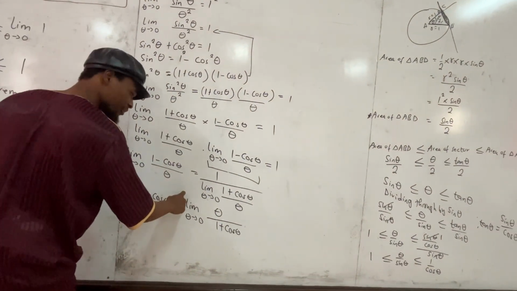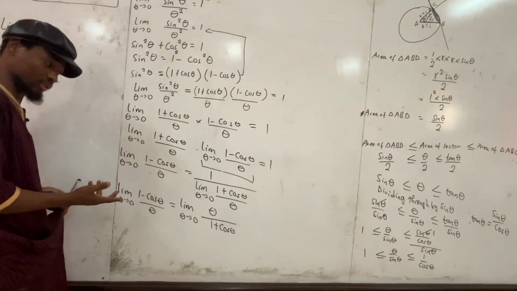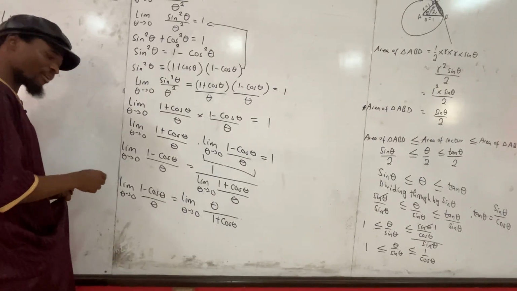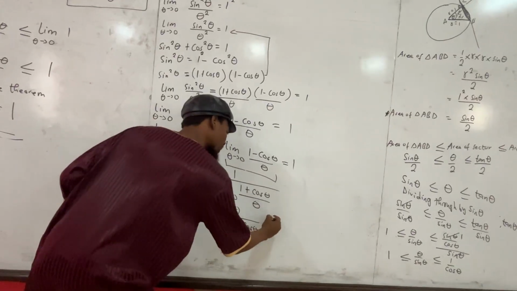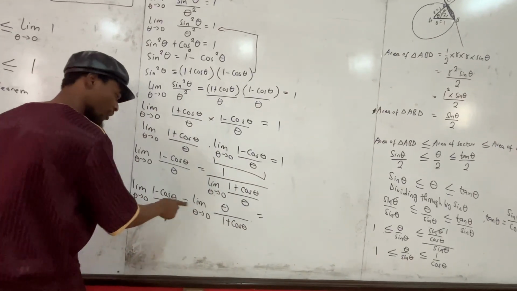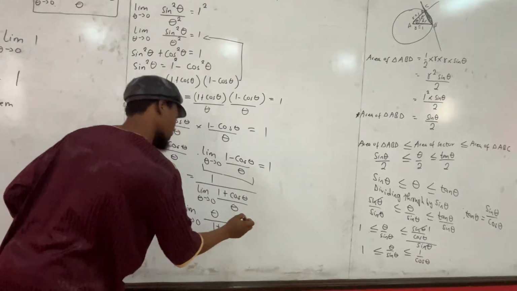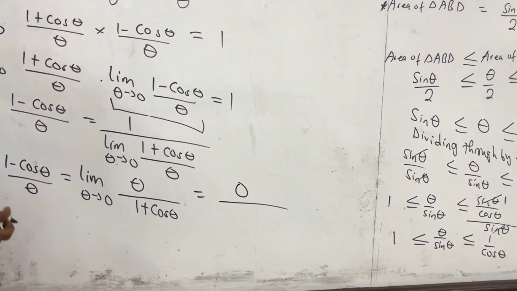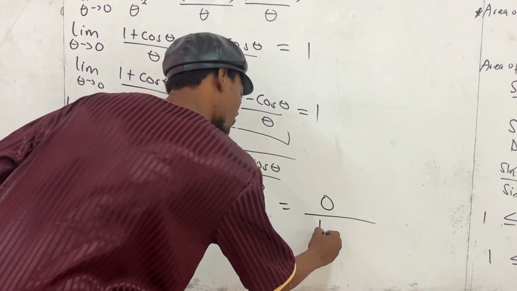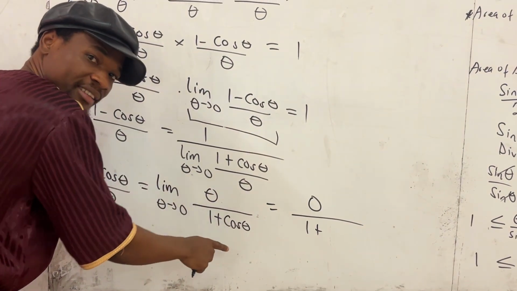Viewers, we are now going to evaluate this using direct substitution. Wherever you see theta, you put 0. So you have 0 over 1 plus cos 0, and cos 0 is 1.